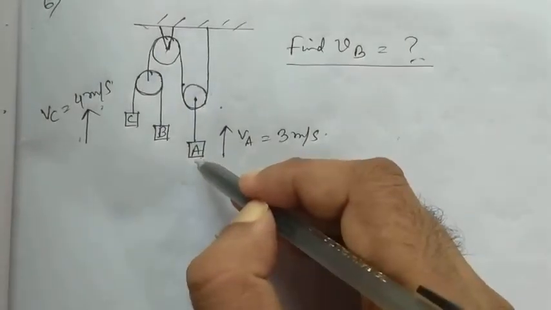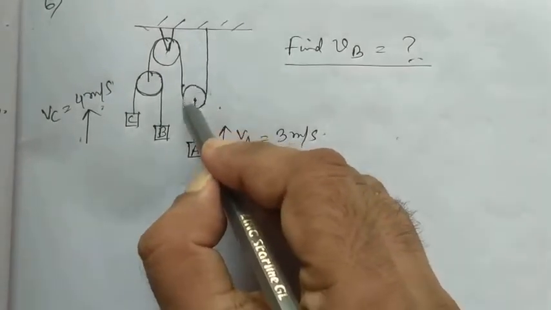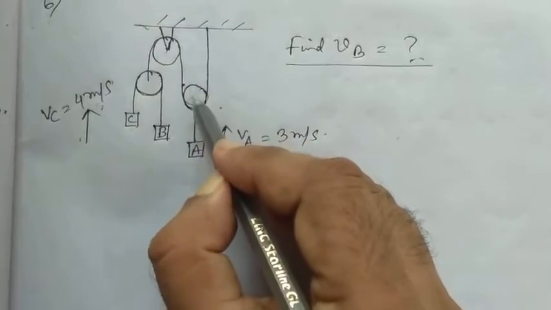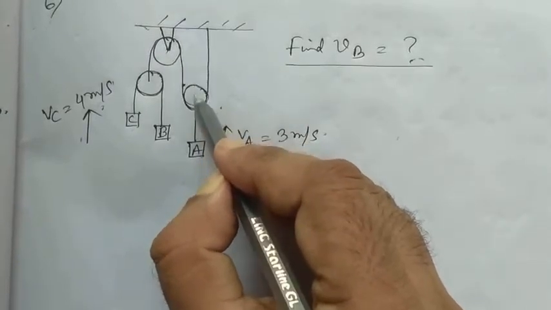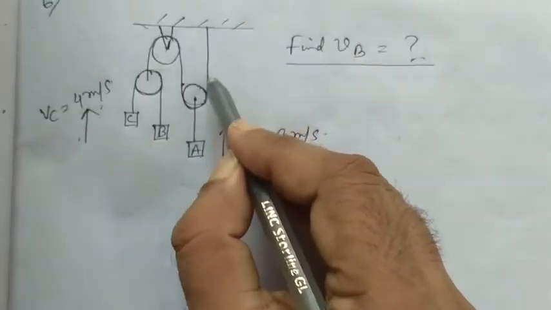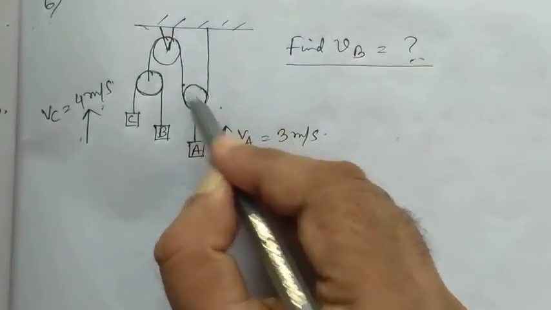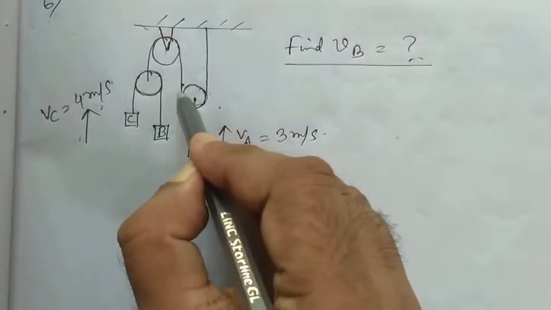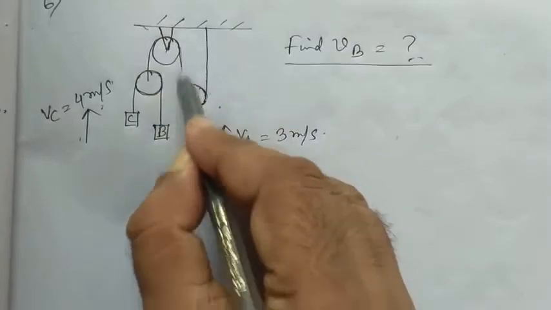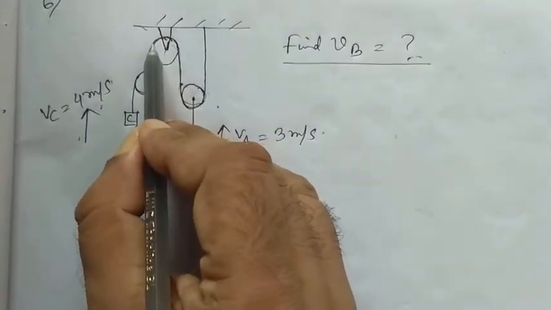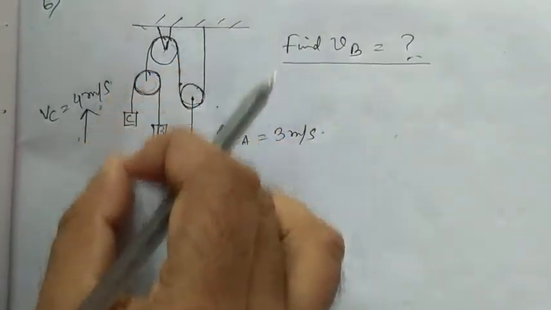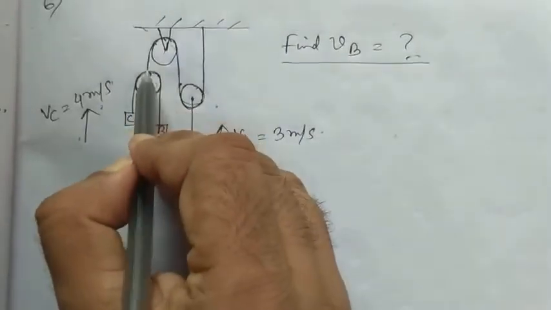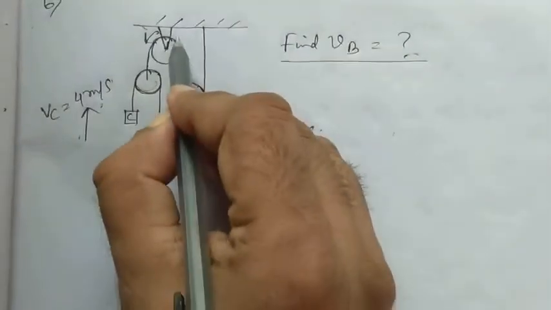Now suppose this block A moves upwards, that means this movable pulley is also moving upwards. If this movable pulley is moving upwards, the length of the rope will be moving towards this pulley. Now this system will move down because the rope is moving in this direction.